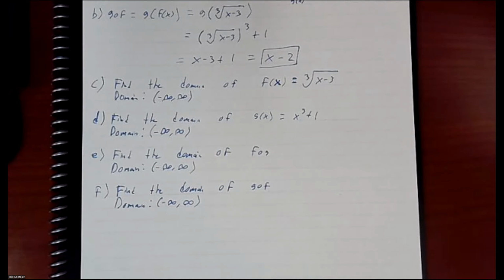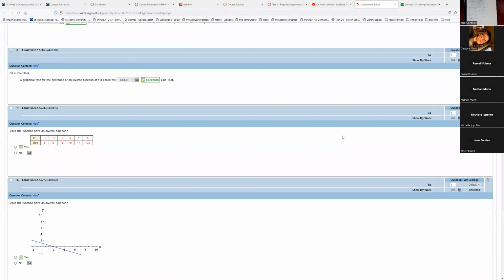Yeah, 2.7. And 2.7 is about inverses. There's a lot of theory behind the requirements for an inverse.